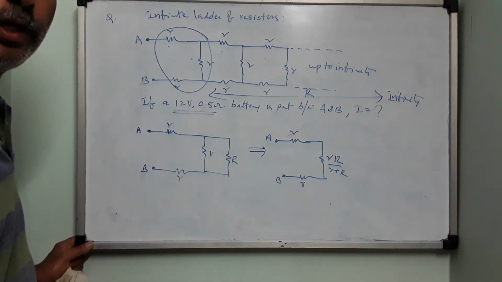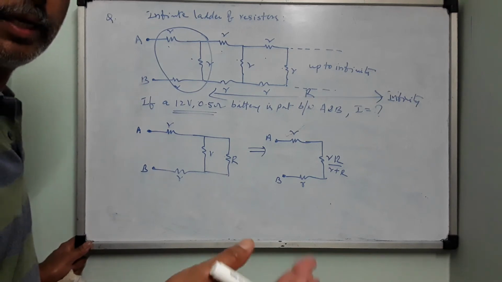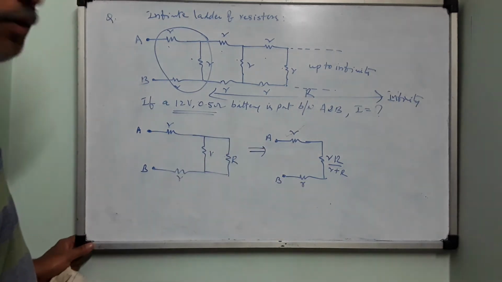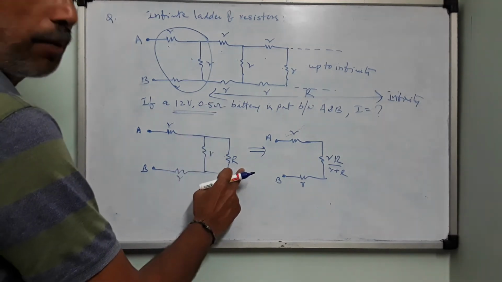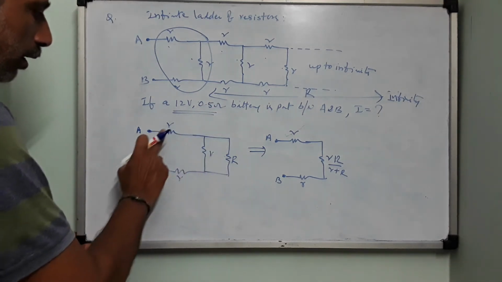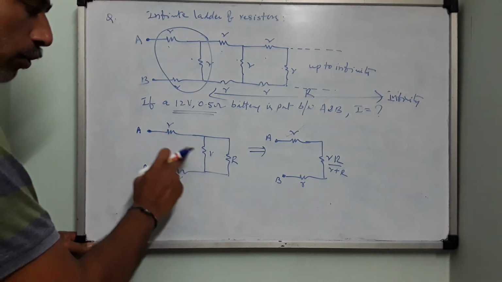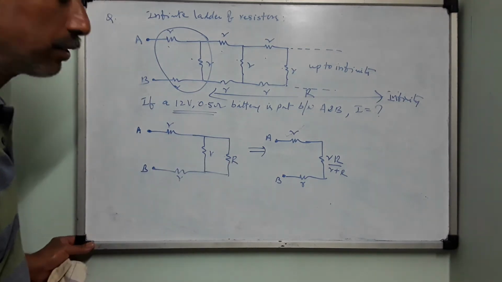So if an infinite network offers resistance capital R, by adding this small r network also, the net resistance should remain the same.